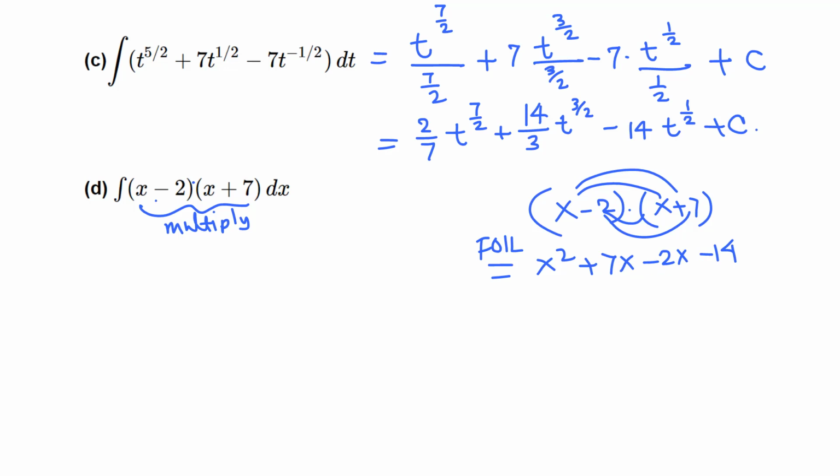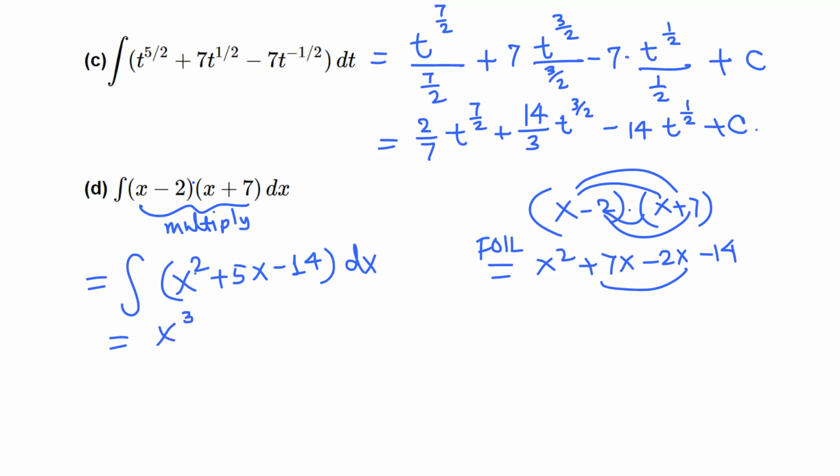We can combine these two terms. So this is the integral of x squared plus 7x minus 2x, which is plus 5x, minus 14, dx. Now we need to integrate these three terms, and we get the answer on the next line. The antiderivative of x to the n is x to the n plus 1 divided by the same thing, plus 5 times the antiderivative of x, which is x squared over 2.